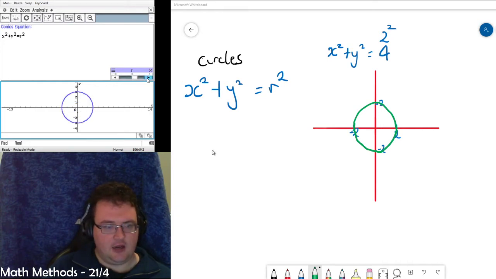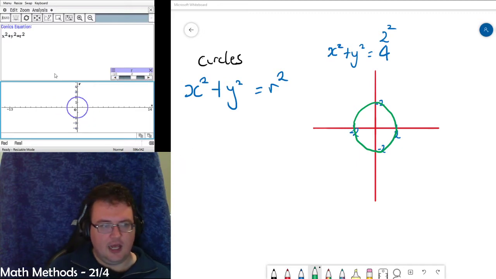And then I can manipulate what that circle looks like. So in the case here, r is 2. It centers at 0, 0, goes up, etc.